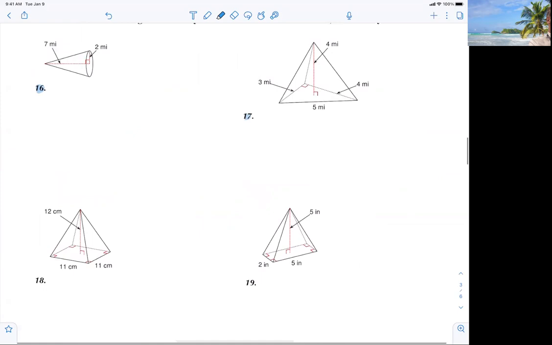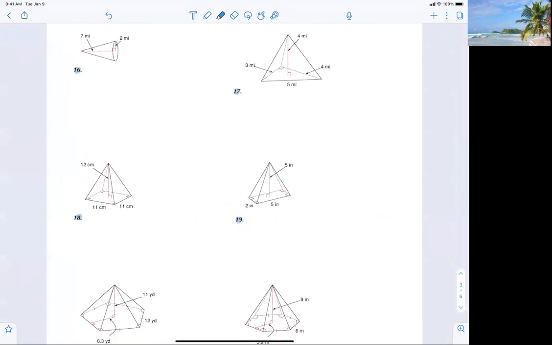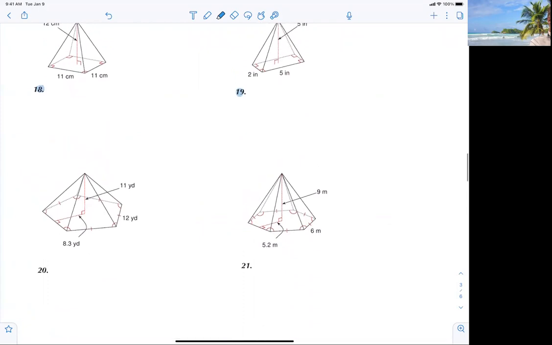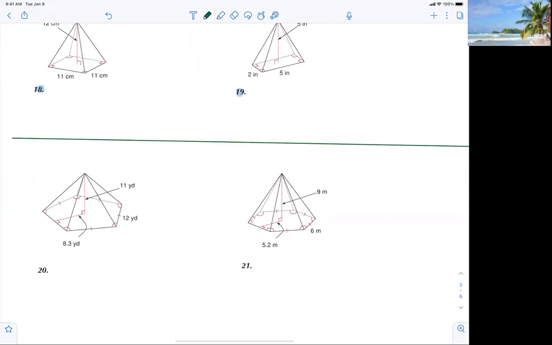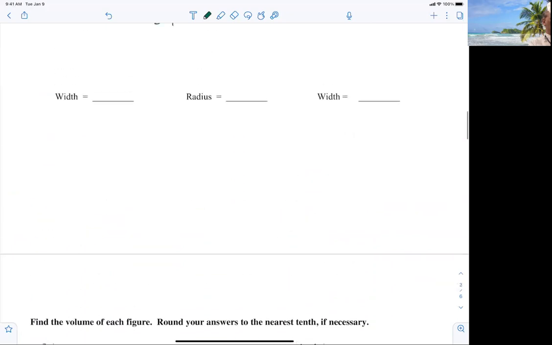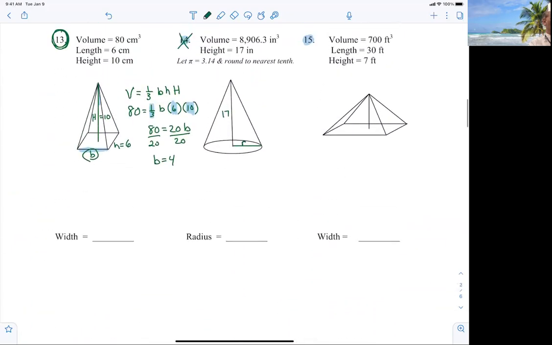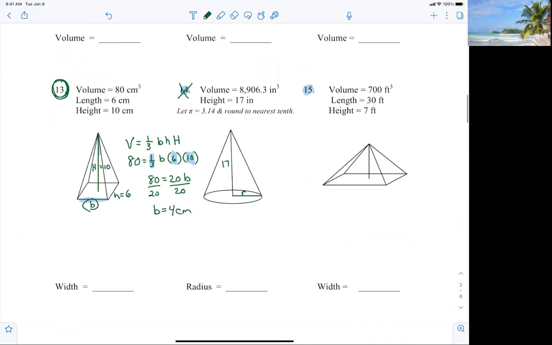Hold on. 17, 18, 19. All right. We don't have to do these starting just everything. I'm going to show you tomorrow how to do 20 and 21. Yes. 4 centimeters.